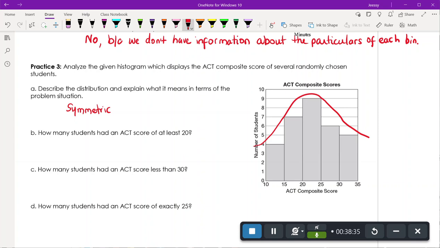It doesn't? Why doesn't it make sense? In this class, are the scores distributed evenly? Are the scores symmetric? Are the scores uniform? Does everybody have the same score? Are the scores symmetric?